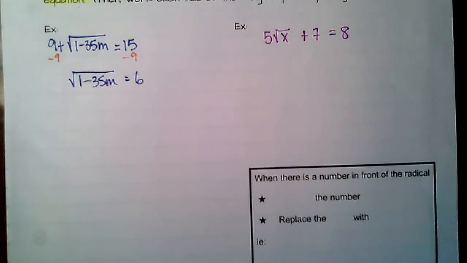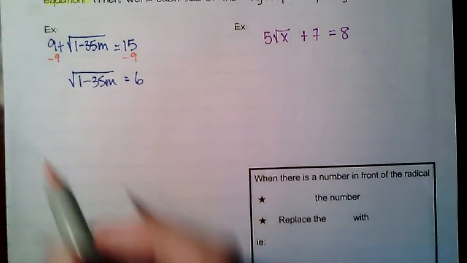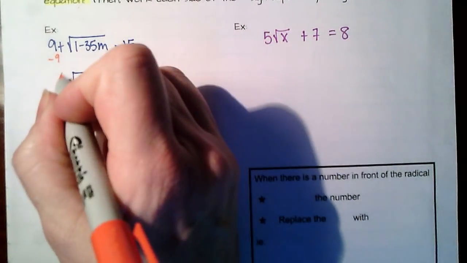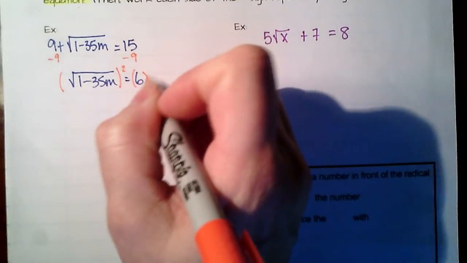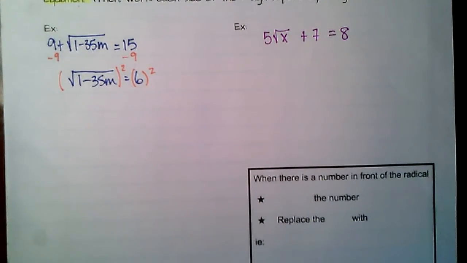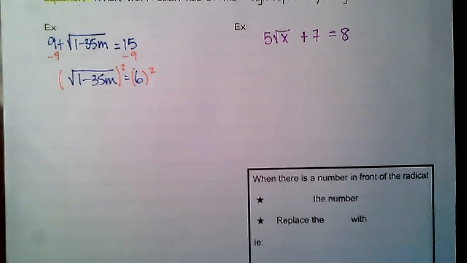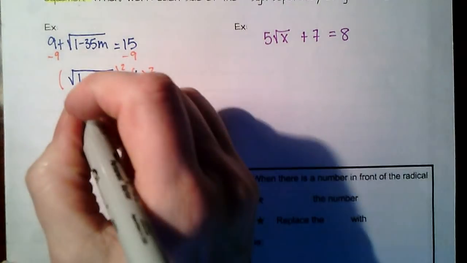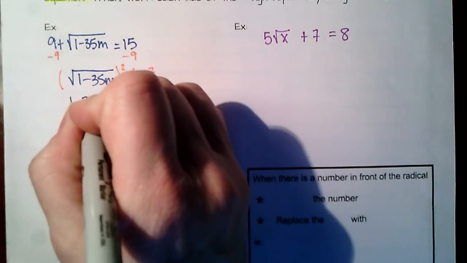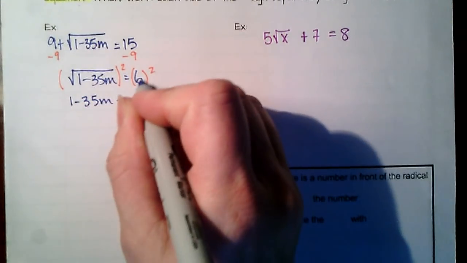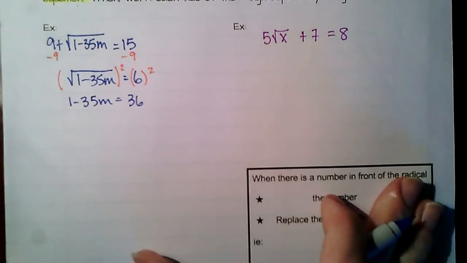The next thing I'll do is raise both sides to the power of the index. So this is a square root, so I will be squaring both sides. Remember that when I square a square root, that radical goes away. So I have 1 minus 35m equals 6 squared, which is 36.